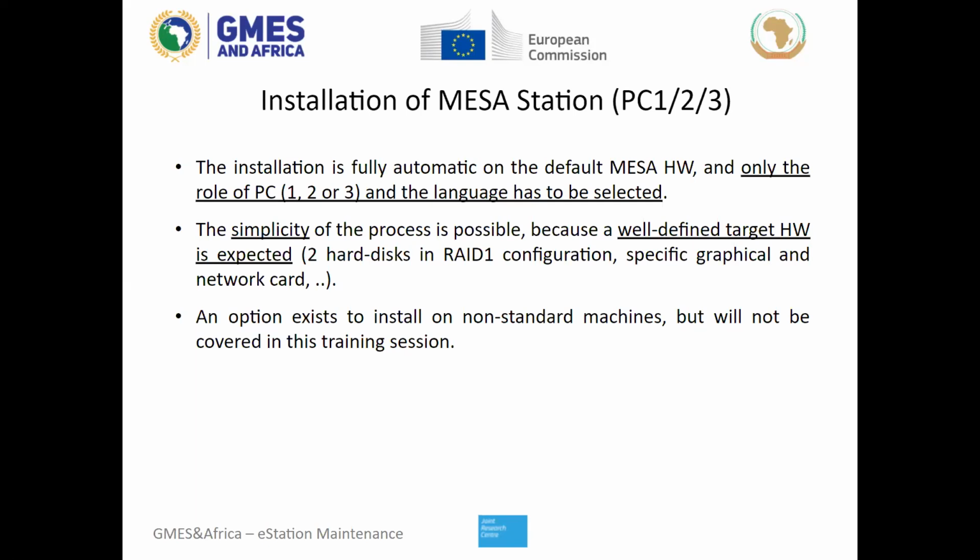We either provide them with a virtual machine or some other form, but we don't ask them to install the Mesa station on a non-standard machine, because it is a bit complicated for people to understand, and it is not feasible either. So here we will check if the two hard disks are in RAID 1 configuration with a specific graphic and network card, and then proceed with the installation.